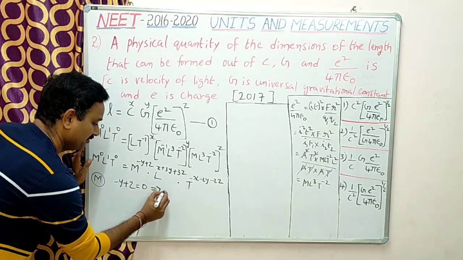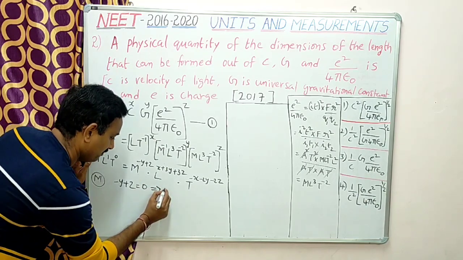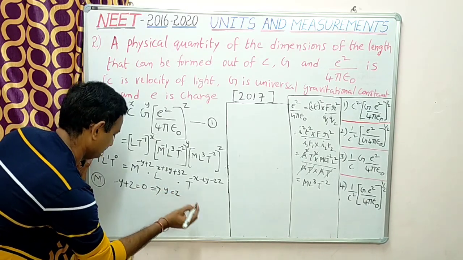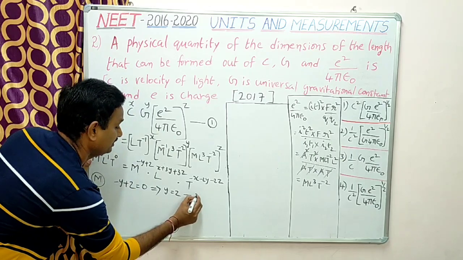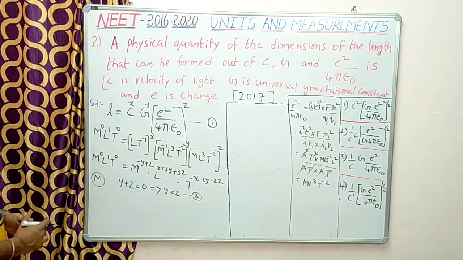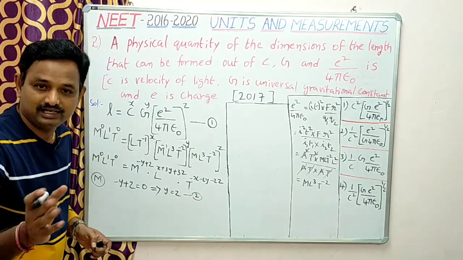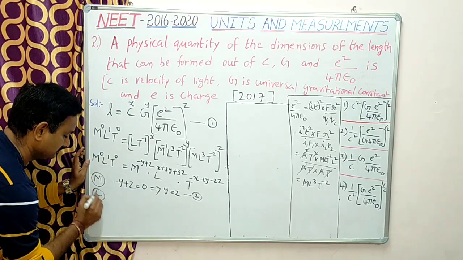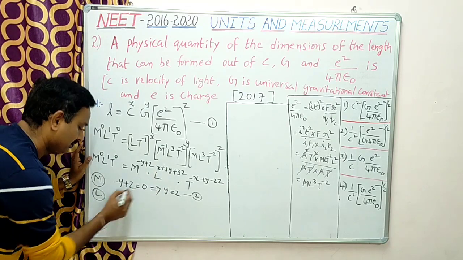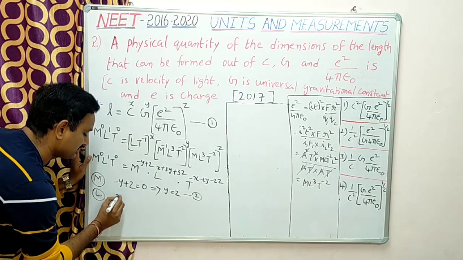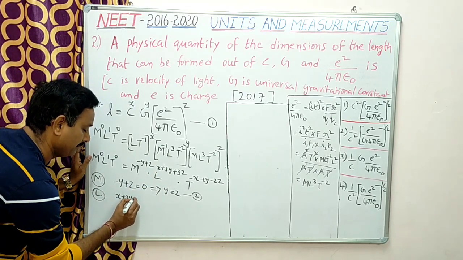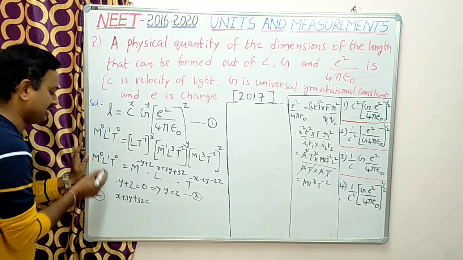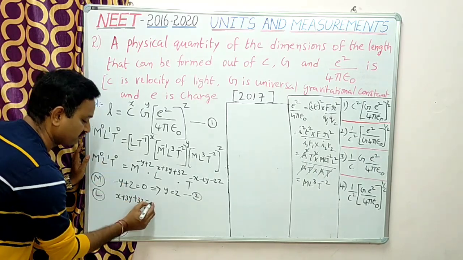From that y equal to z, that is equation 2. Now I will take for L. From RHS x plus 3y plus 3z equal to, in LHS that is L power 1, that is 1.